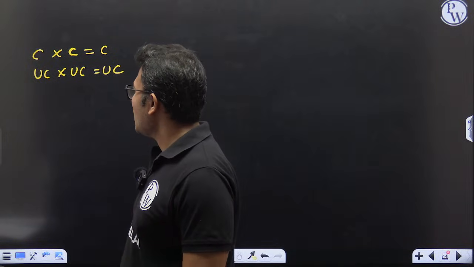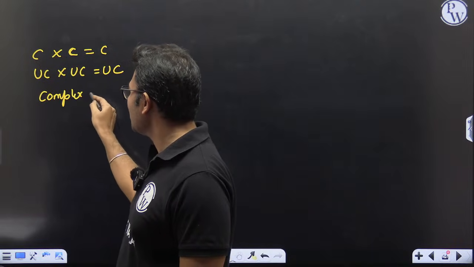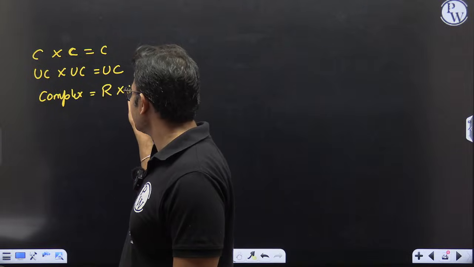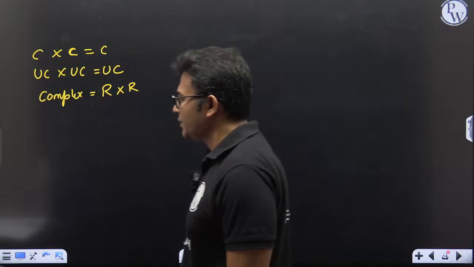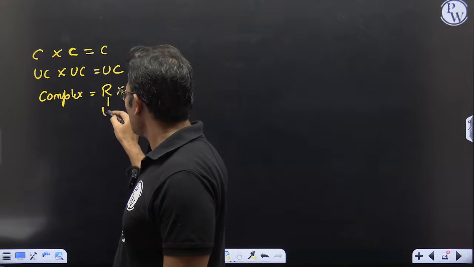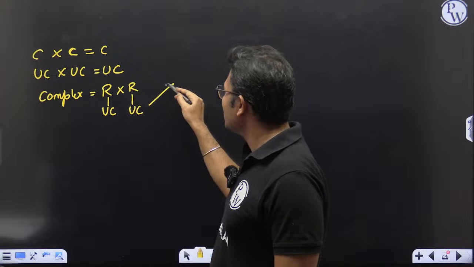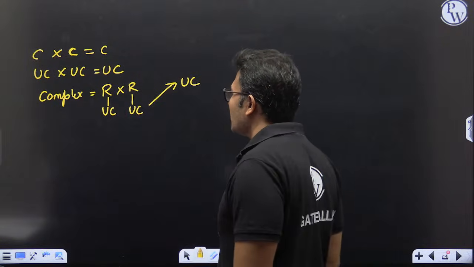Now, you can write complex numbers as the cross product of two real number sets. This is uncountably infinite, this is uncountably infinite, therefore the result is uncountably infinite. Therefore, complex numbers are uncountable.